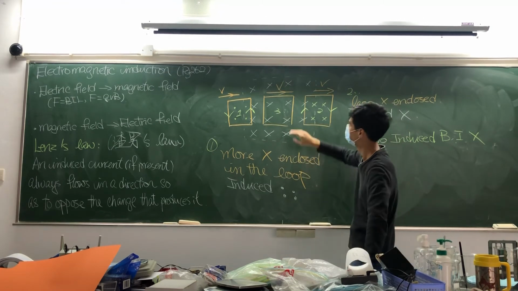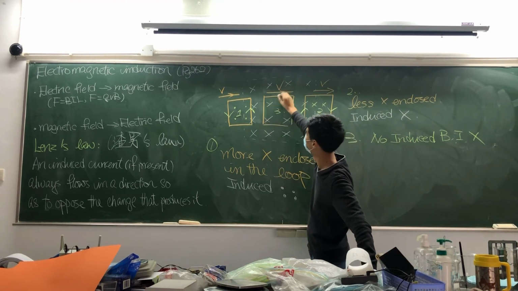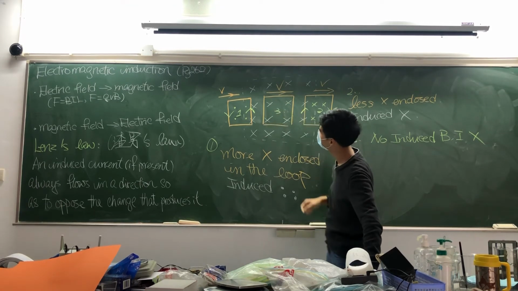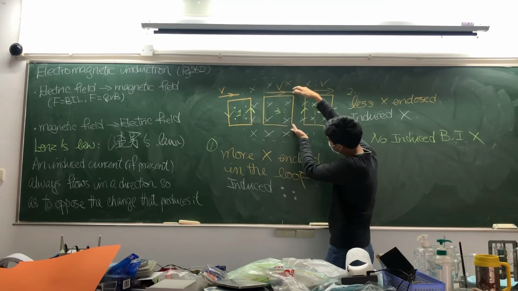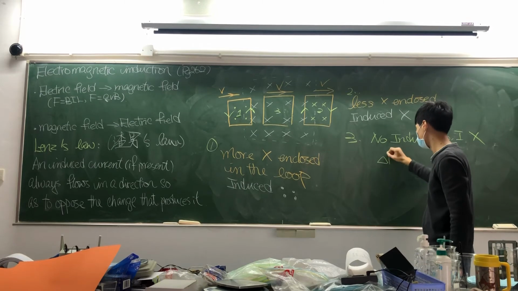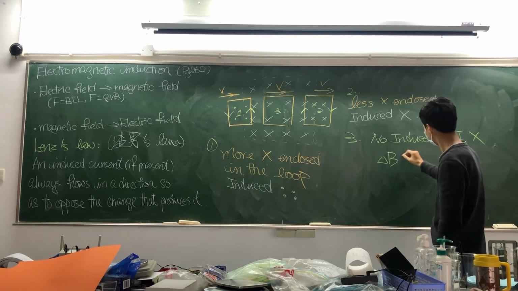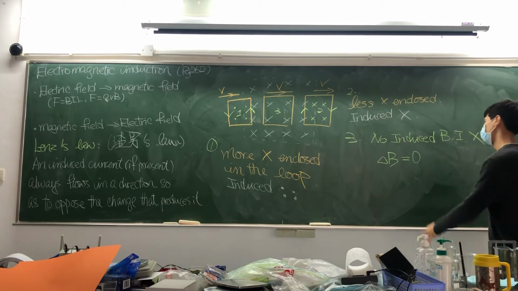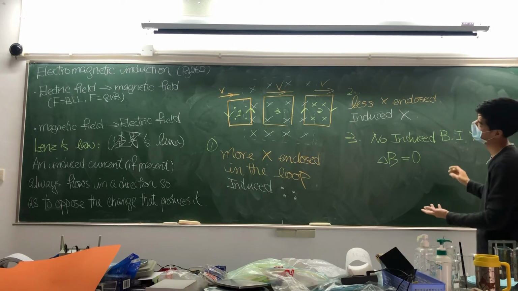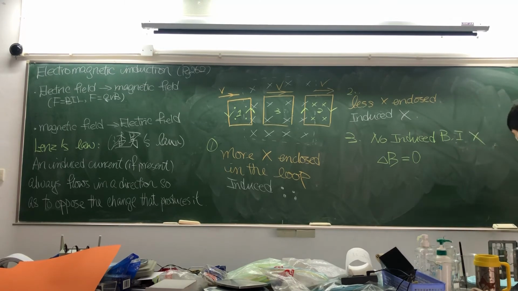All the areas enclosed by the loop are in the field, so when it's moving inside the magnetic field, the number of field lines enclosed doesn't change. There is no change in magnetic field, so there is no induced magnetic field and induced current.